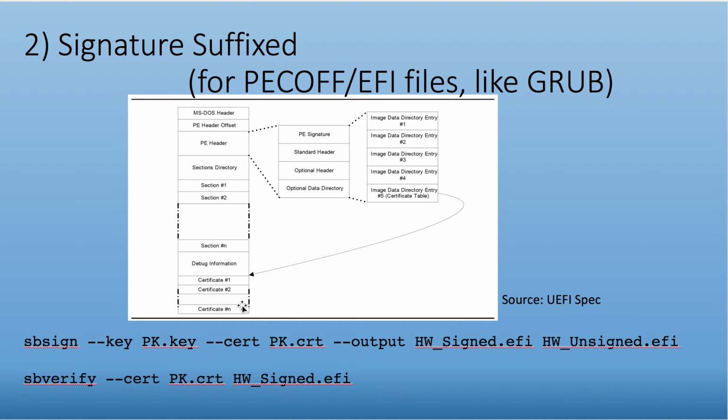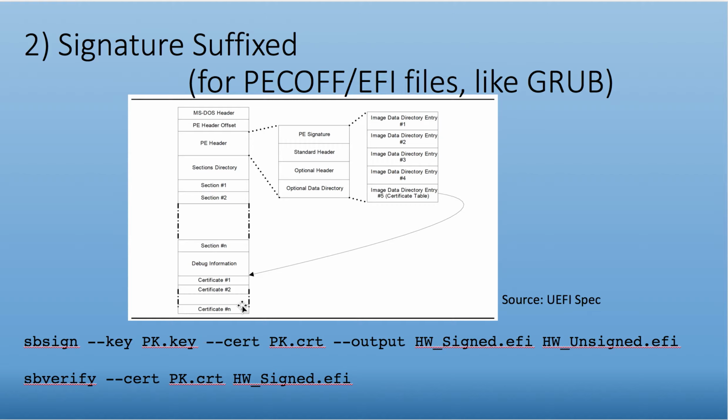Now, an EFI file or ELF file will have a whole lot of segments, like the text segment, data segment, RO data, and a bunch of things. So you cannot generate a hash for the whole file as such. I mean, it doesn't make sense. So what these tools do is they generate a hash for each of those segments and then generate a merged hash of all the hashes.